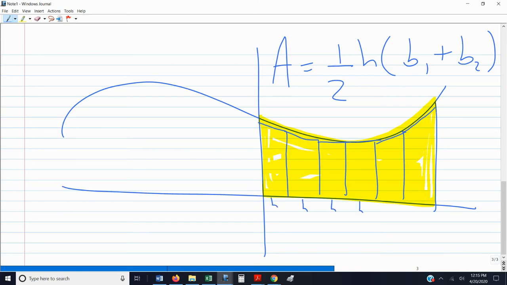So the heights are on the x-axis. I'm going to say height 1, height 2, height 3, height 4, height 5, height 6, where the bases are going up the y-axis. So b6 and b7. So the bases are y values and the heights are x values.